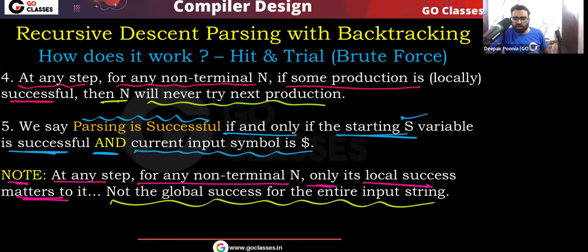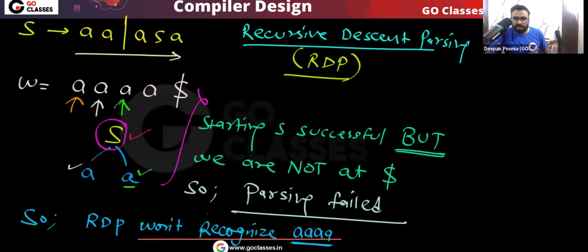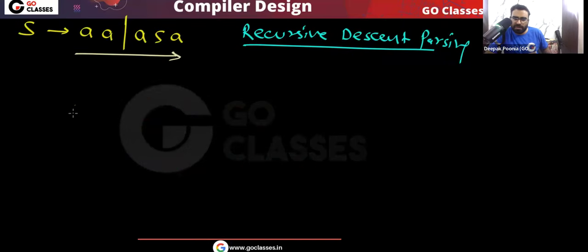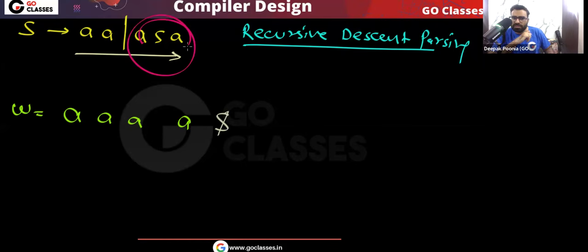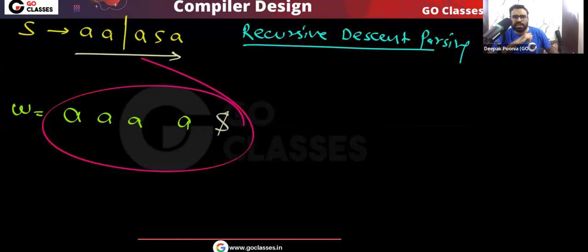Okay. Now notice what phenomena happened here. In the previous example, when we had this string w equal to a dollar, don't you think that if we start from this production, then we will be able to recognize this? Yes or no? I am saying that if we start from this production, then actually we will be able to recognize this string.